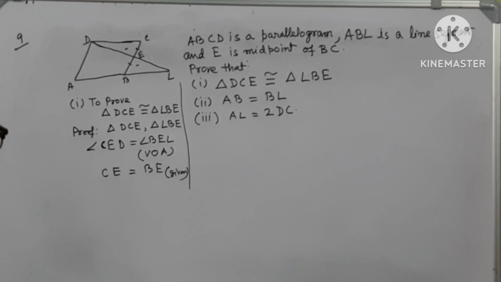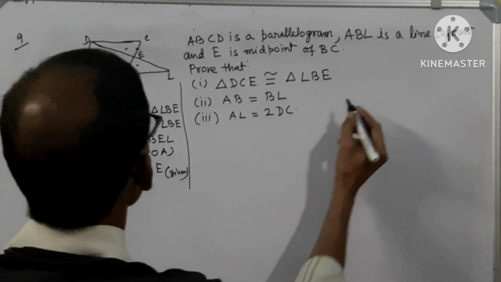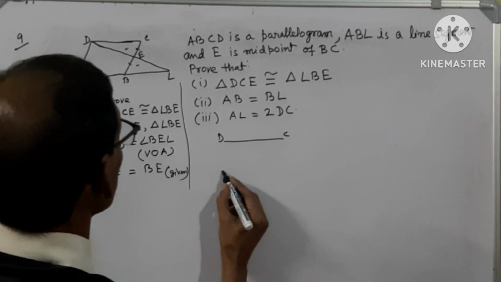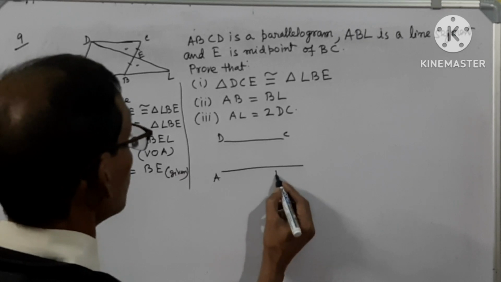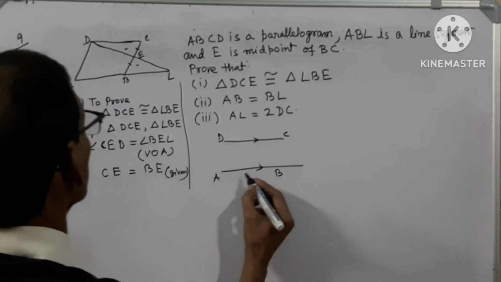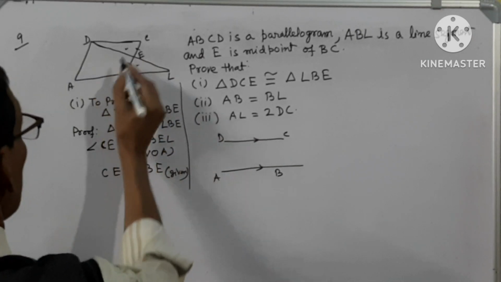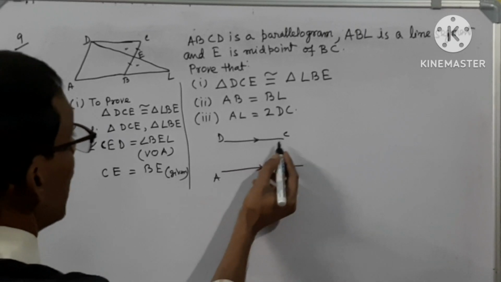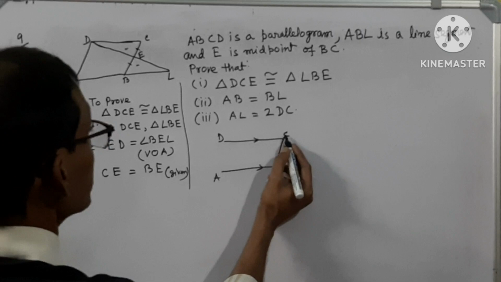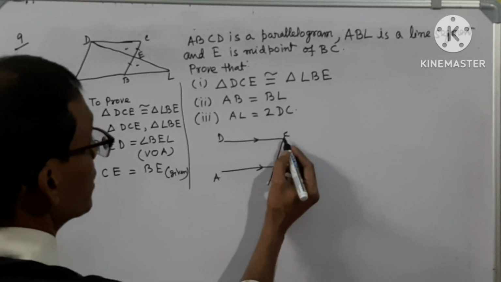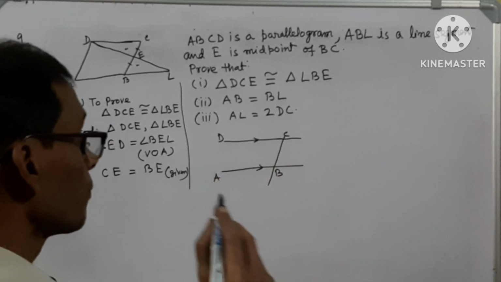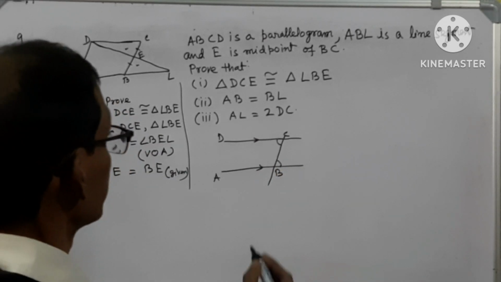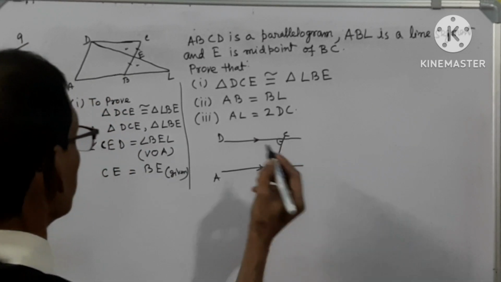Now another thing is there. See, DC and AB, these two lines are parallel. And CB is called the transversal. So this angle and this angle are alternate interior angles.